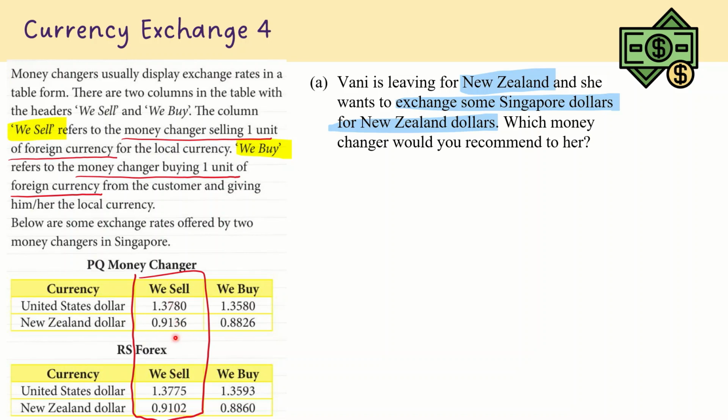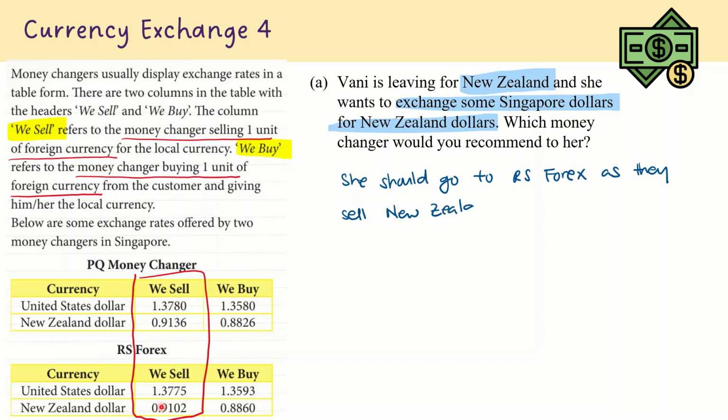So looking at these amounts, we see that Vani will be giving less money in exchange for 1 New Zealand dollar if she were to get it from RX Forex. That would definitely be more value for money, and therefore we will recommend to her to go to RX Forex.